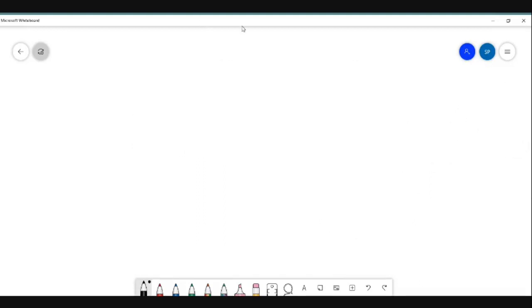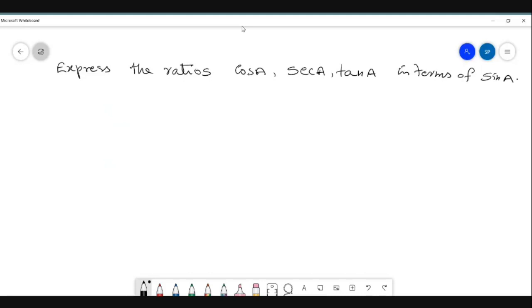Let's do one question. Express the ratios cos A, sec A and tan A in terms of sin A. We have to convert these three ratios in terms of sin A. So we can start with the same identity we studied now, that is sin square A plus cos square A equal to 1.